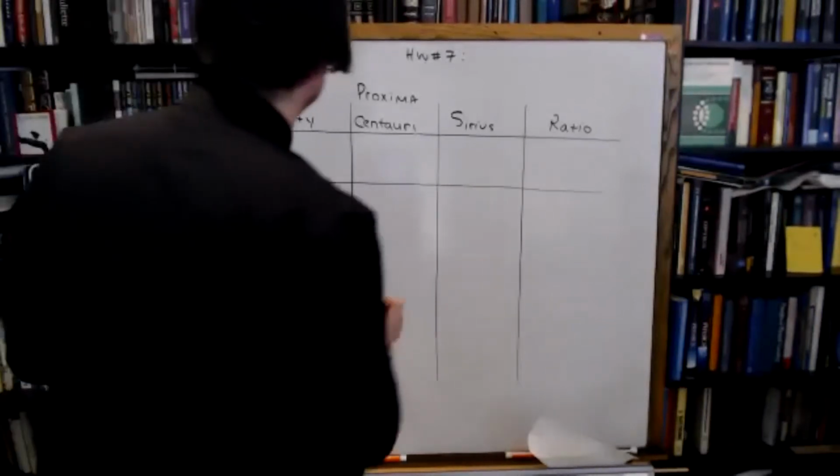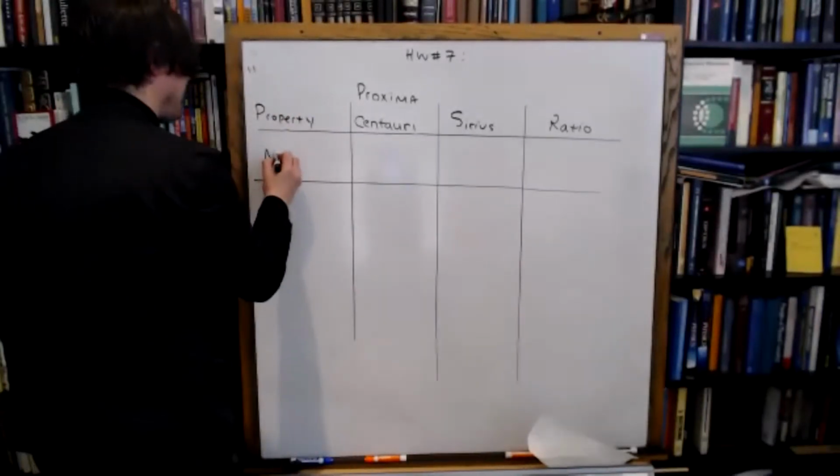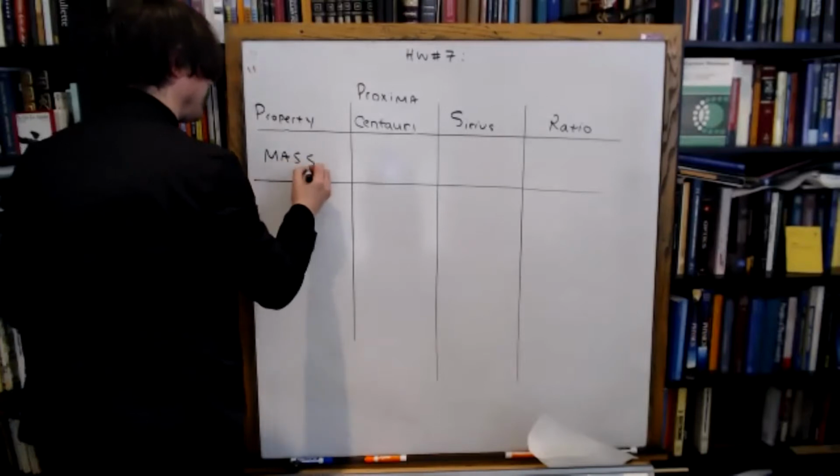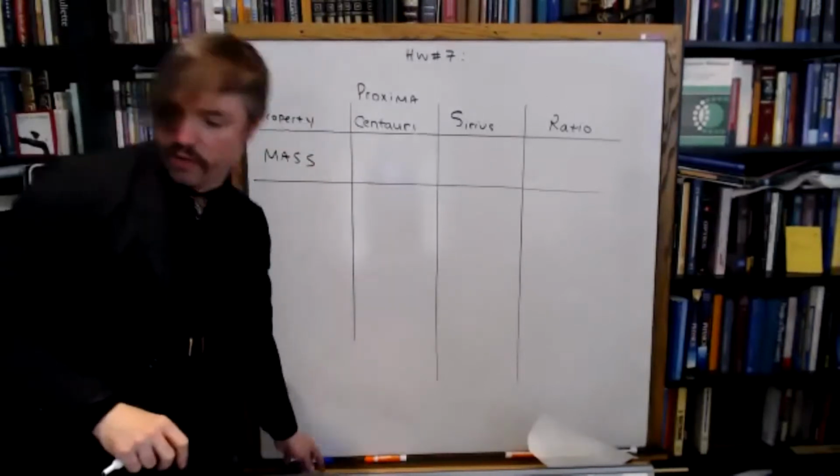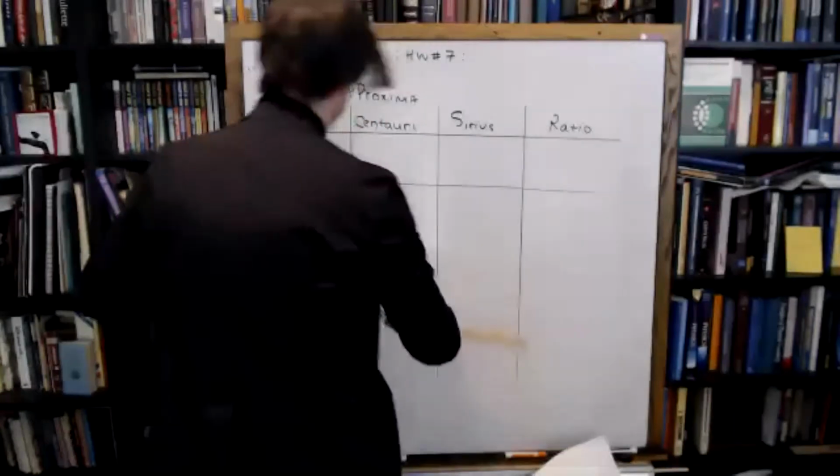The first row here is going to be for mass. Then we'll do a row for luminosity.